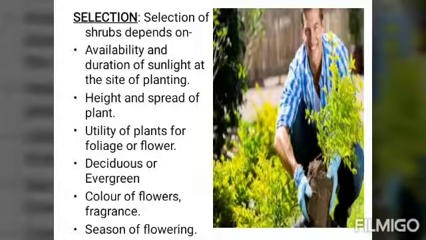And we all know the main purpose of planting shrubs: to enhance the beauty of the surroundings and to provide fragrance in the garden, which is the flowering shrubs, because shrubs can be flowering and non-flowering.